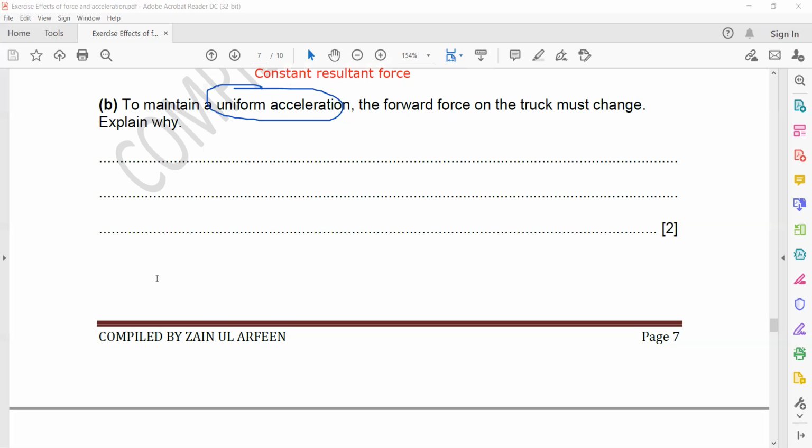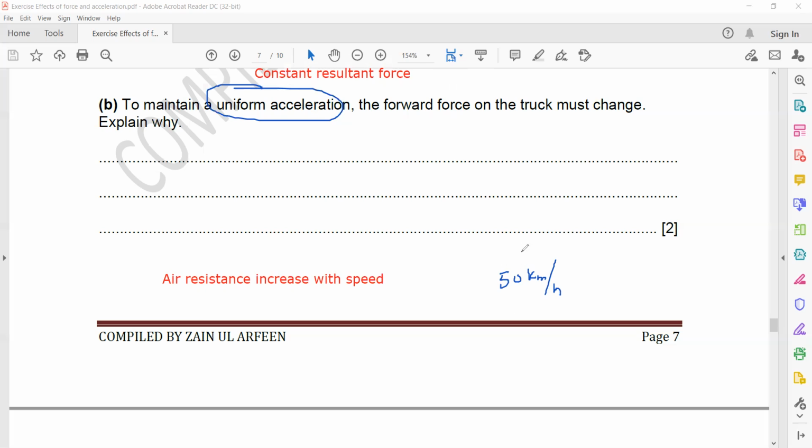And keep in mind that the air resistance increases with the speed. If you're traveling on the highway, you can experience this. For example, if you're driving a car at 50 km per hour and you take your hand out of the window, you will feel the air resistance.